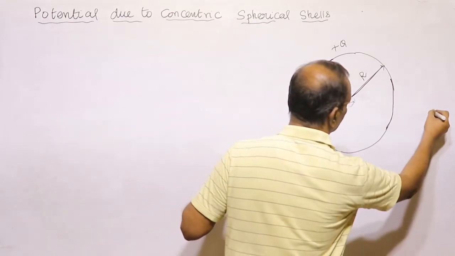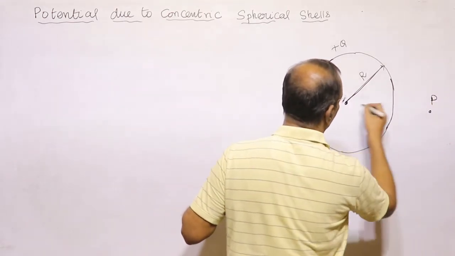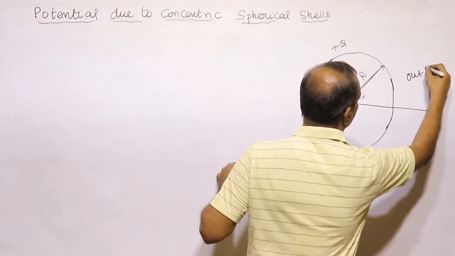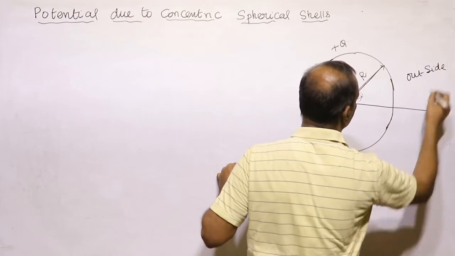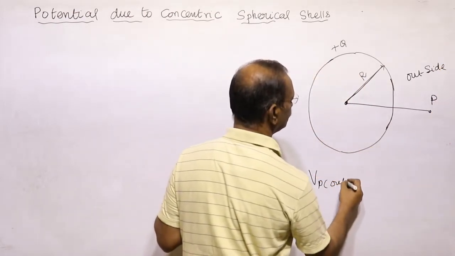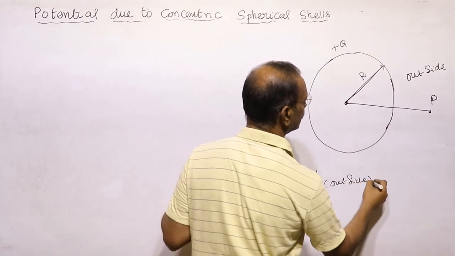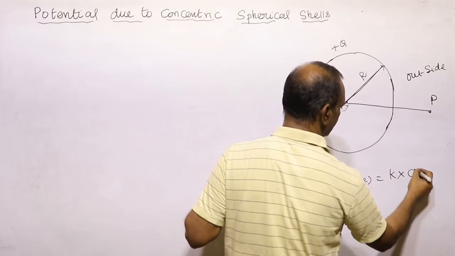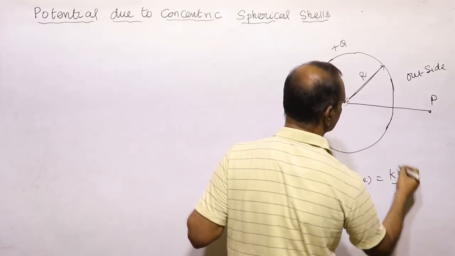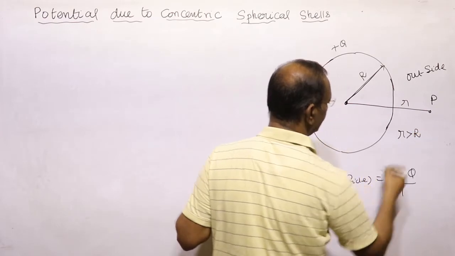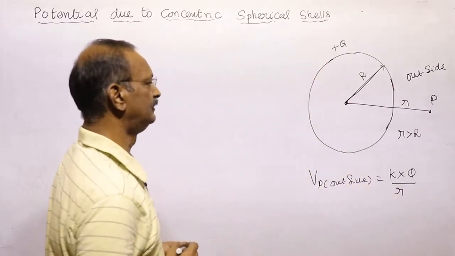First, let us take a spherical shell of radius r. Suppose at a point P outside, listen carefully to this funda. Outside, the potential at P is equal to K into Q, given a charge of plus Q, divided by the distance r, where r is greater than the radius of the sphere.